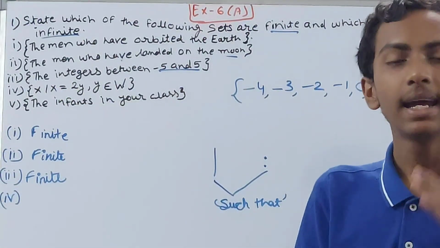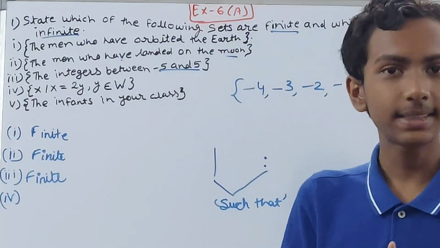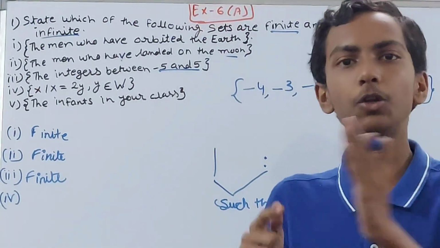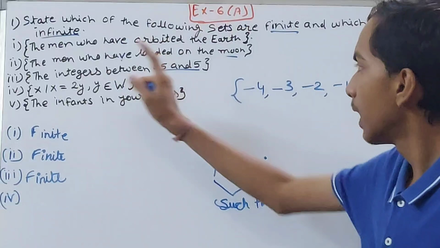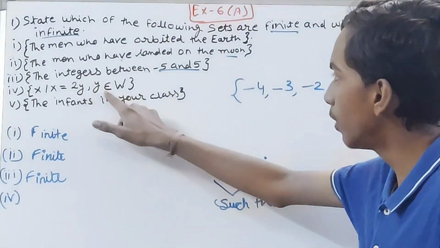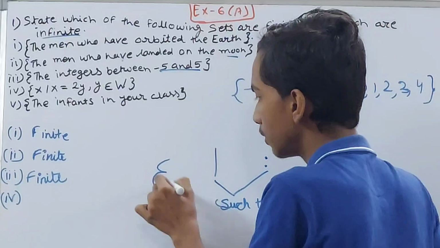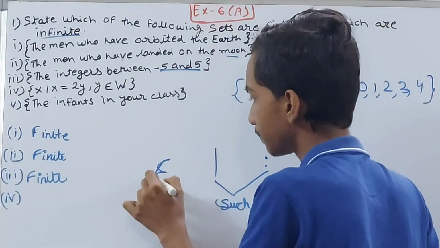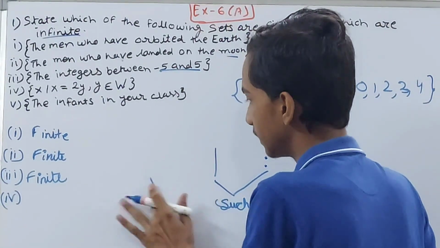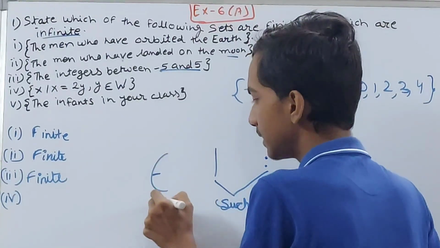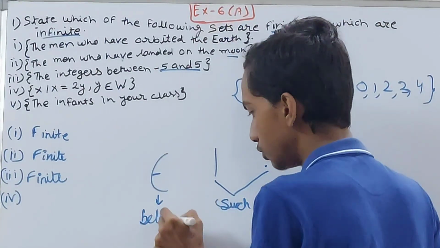They are giving the characteristic of X, that X is such a number that X is equal to 2 times Y. Then they are saying y belongs to whole numbers. You can see one new sign here, something like this. This sign means "belongs to".